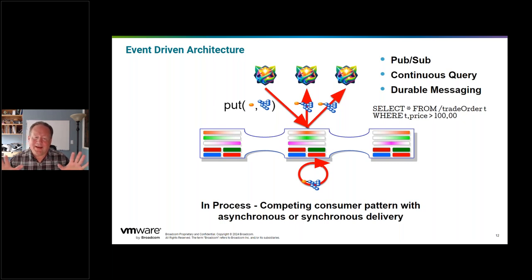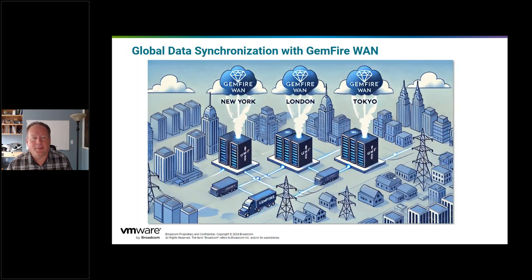Another one that I like to do as well is I could actually put the events inside the servers, right? So if I wanted to do some kind of competing consumer pattern, I can do it also on the servers. That also gives you like a 0 millisecond lookup time, because I no longer have to go over the network. There's a lot of power that can come from there. But that's not what we're here to talk about. We're here to talk about some geospatial stuff.